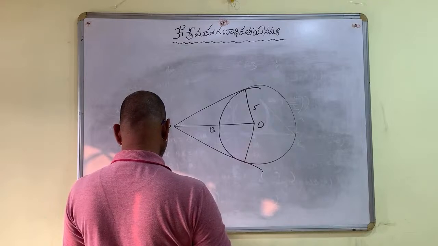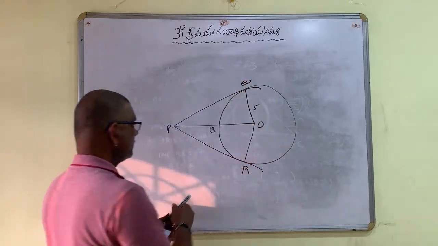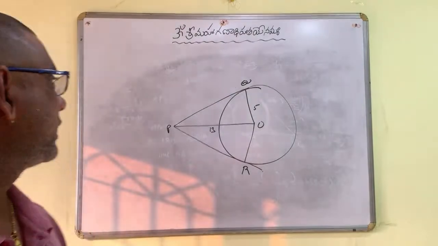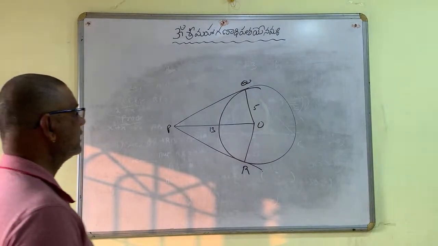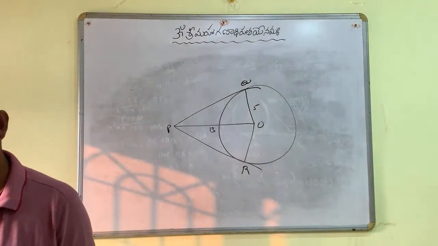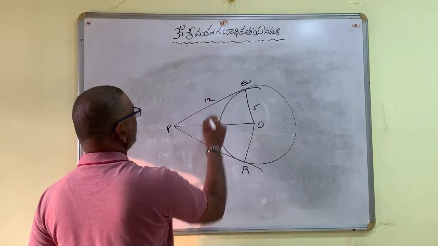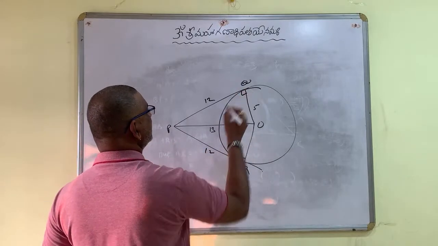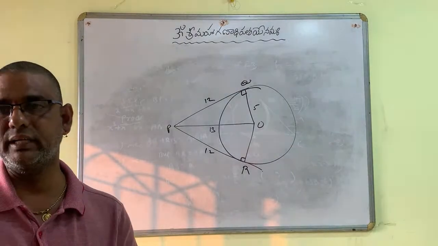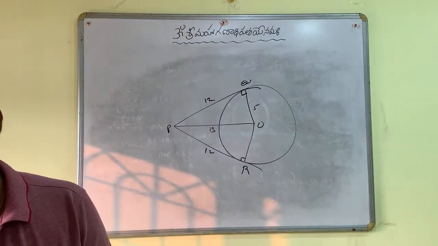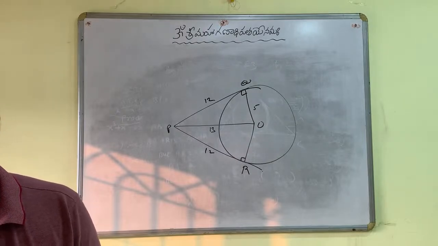Pair of tangents PQ and PR are drawn to the circle, and what is the area of quadrilateral PQOR? PQ, PR are 12. Because the radius is perpendicular to the tangent, by Pythagoras theorem, PQ and PR both are equal to 12 centimeters. Then what is the area of quadrilateral PQOR?